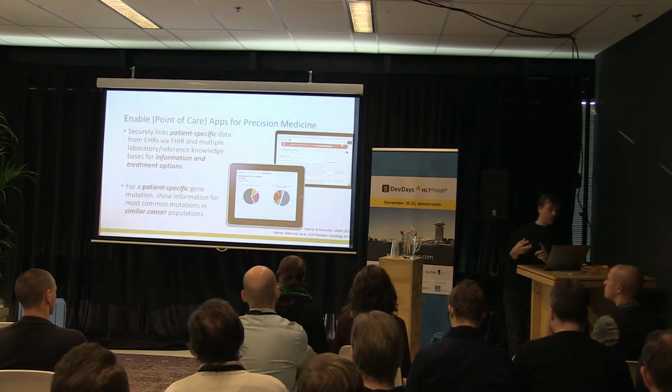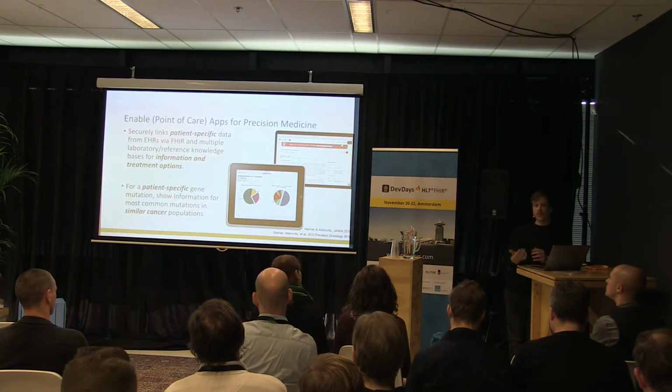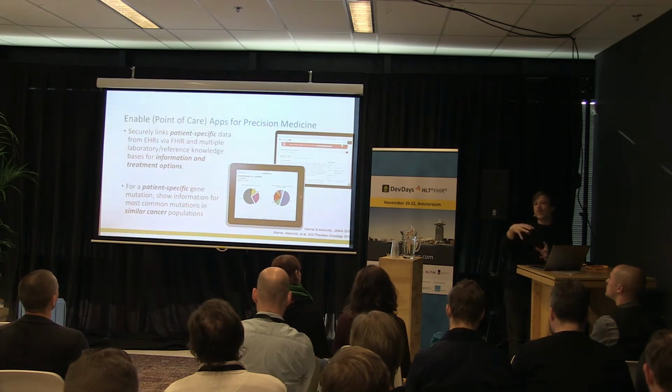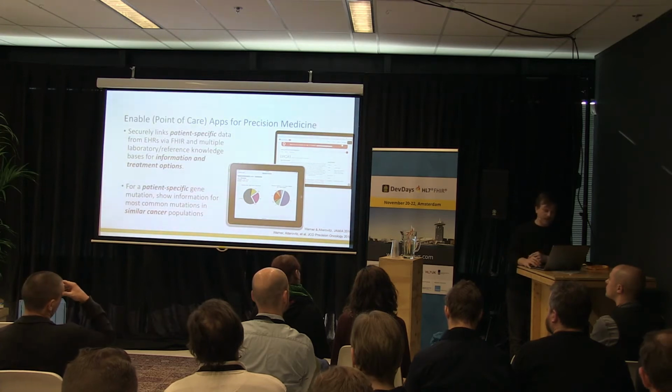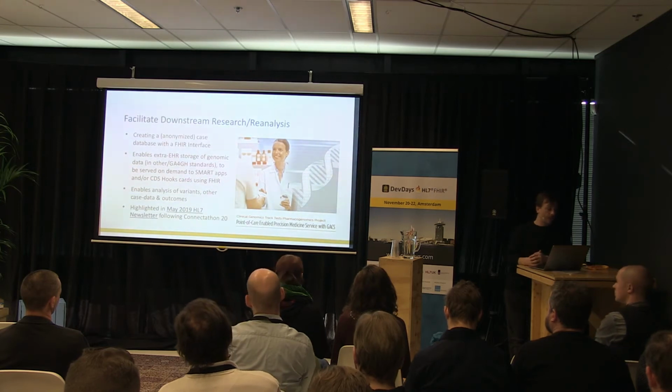We can show the most common mutations in similar cancer populations. This is what cBioPortal is actually doing. You can have a look at another population from a study which has similar variants, see the outcomes, and discuss if a similar treatment for your patient would be the right way to go.